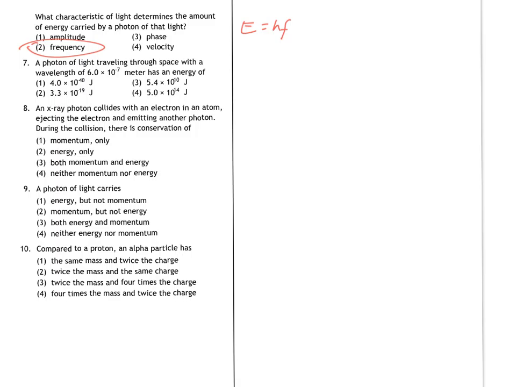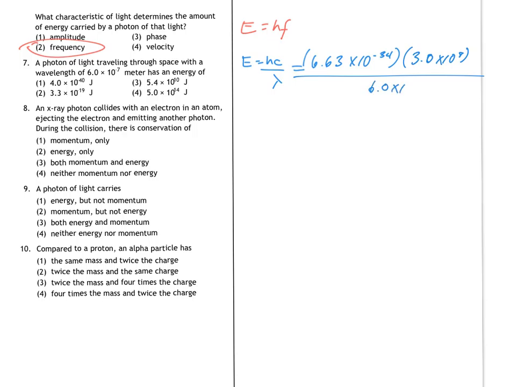In the next question, number 7, we're asked, a photon of light traveling through space with a wavelength of this many meters has an energy of. So we're relating energy to wavelength, and I recommend this equation, which shows that there's an inverse relationship between wavelength and energy. Planck's constant is 6.63 times 10 to the negative 34. 3.0 times 10 to the 8 is the speed of light, and the wavelength has been stated as 6.0 times 10 to the negative 7.